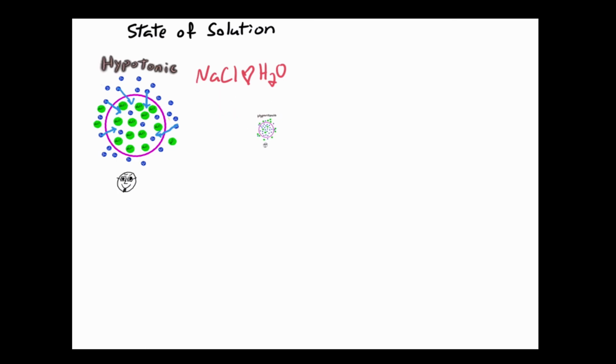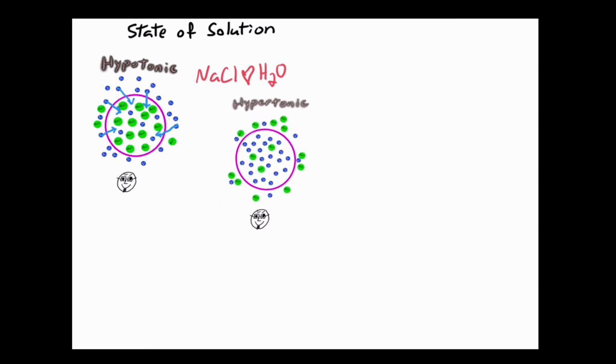So here we have a cell placed in a hypertonic solution. What's happening here is just the opposite: you've got more water inside the cell than in the solution outside. So there's going to be a net flow out of the cell.